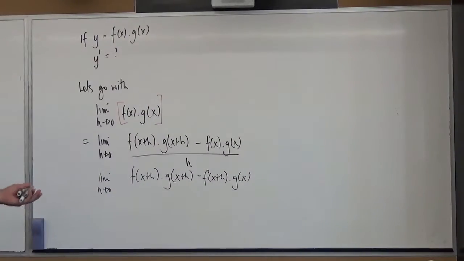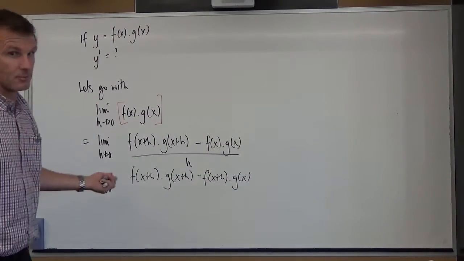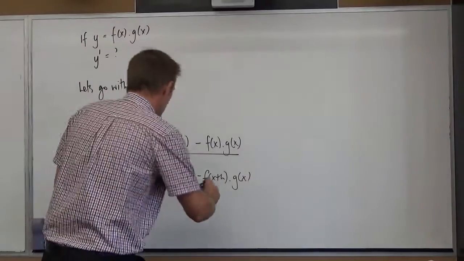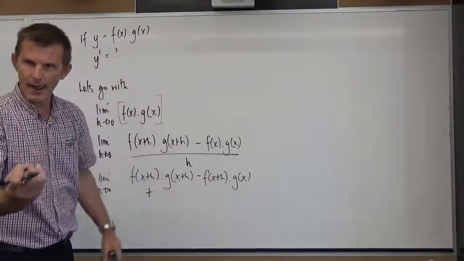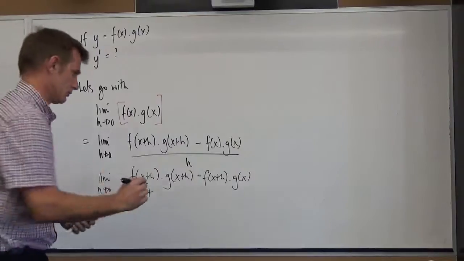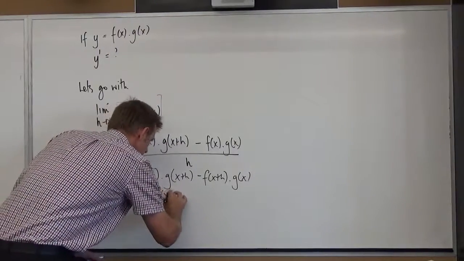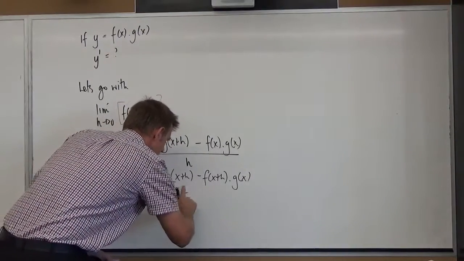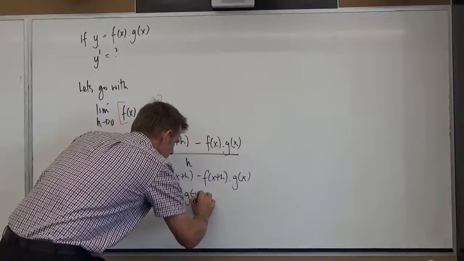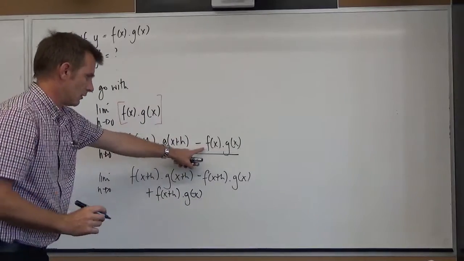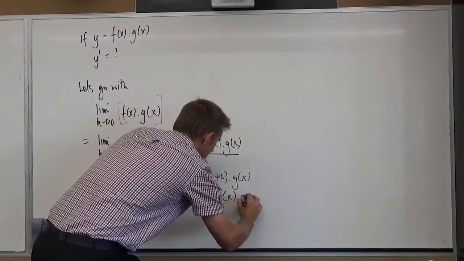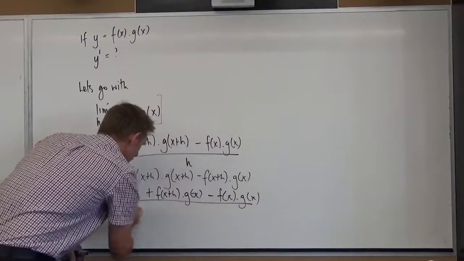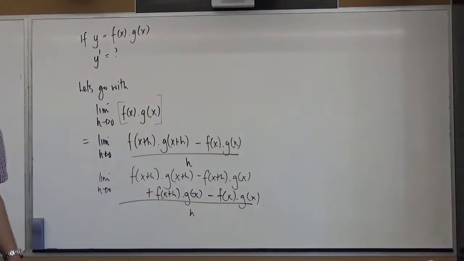And you might go, where did that come from? Well, some smart people long before us figured it out. I'm then going to say plus that exact thing, because if I add it and subtract it, then I don't change it. So plus f of x plus h times g of x. And then I've got this here, the same: minus f of x times g of x, all over h.